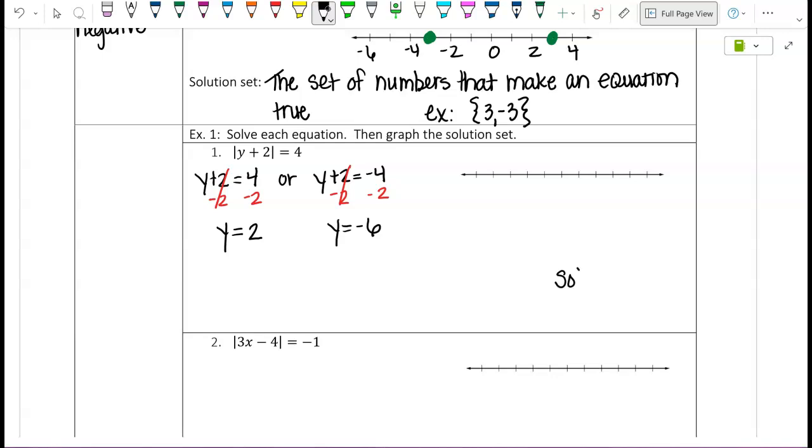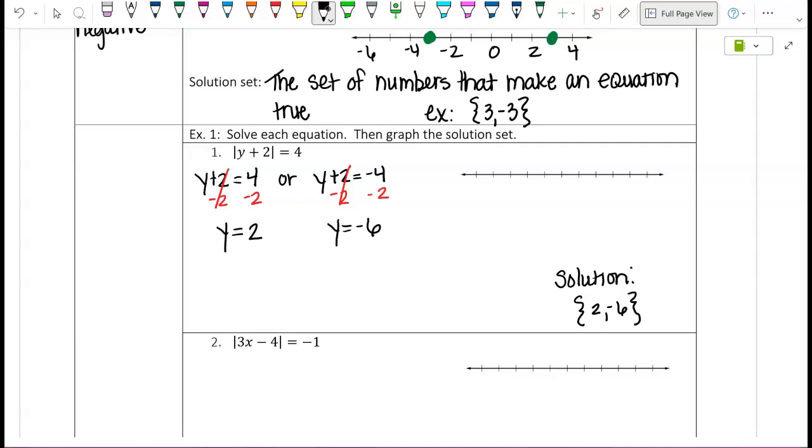So that is my solution. Bracket 2 comma negative 6 bracket. Now, it does not matter what order the numbers are inside the solution set. If you had written negative 6 comma 2, that is still correct. It is still the same 2 values.